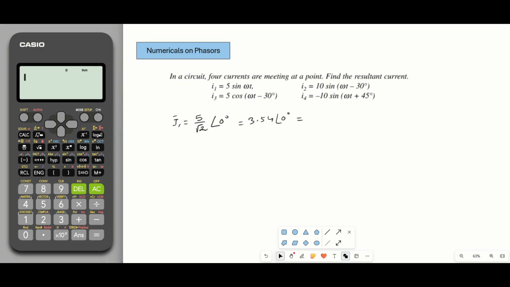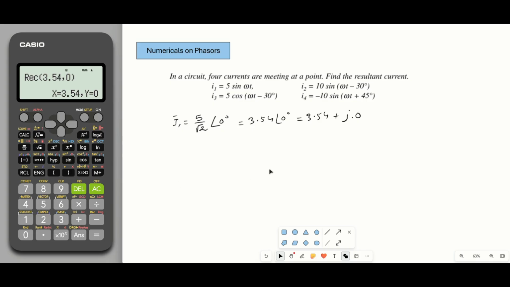After converting this into rectangular form, 3.54 angle 0 gives x as 3.54 and y as 0. The value is 3.54 plus J0.